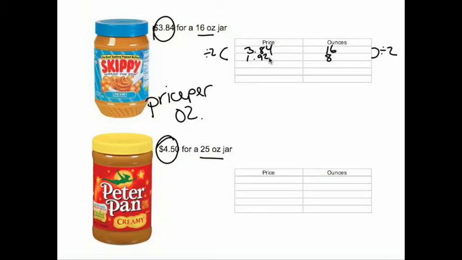Now I'm going to divide these by 2, and $1.92 divided by 2 is 96 cents. And over here, we're down to 4 ounces.